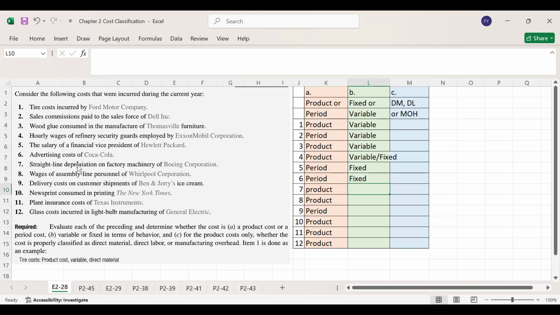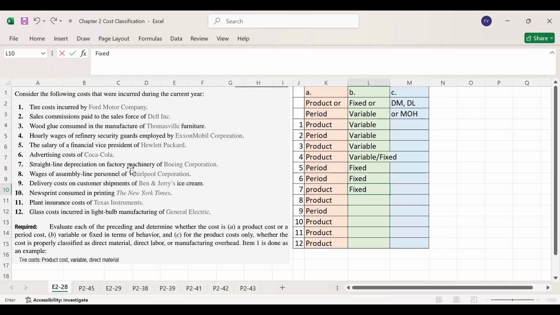Then straight line depreciation on factory machinery. Straight line means a fixed depreciation each month will be calculated, because this is a straight line method of depreciation. So this is a fixed cost.